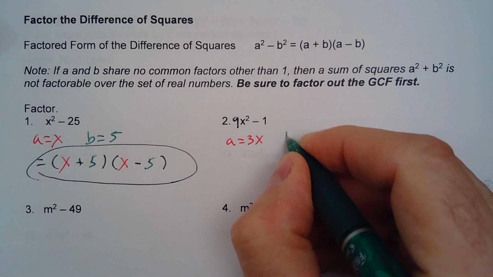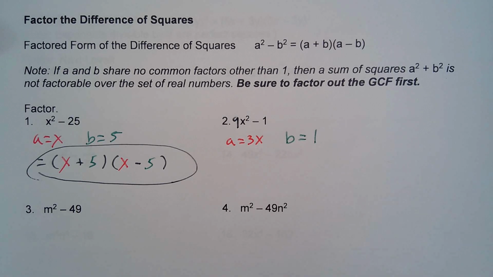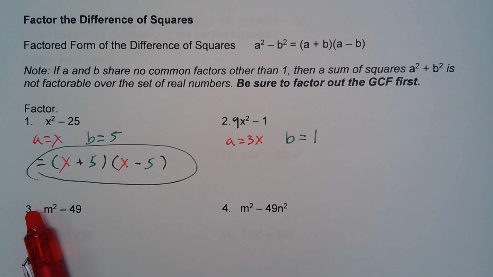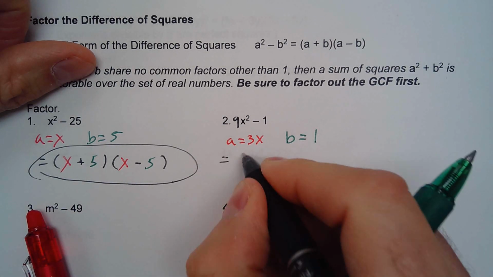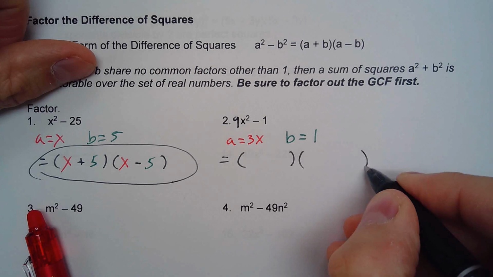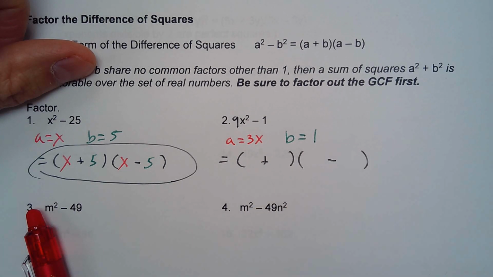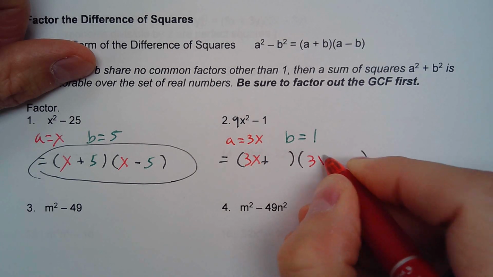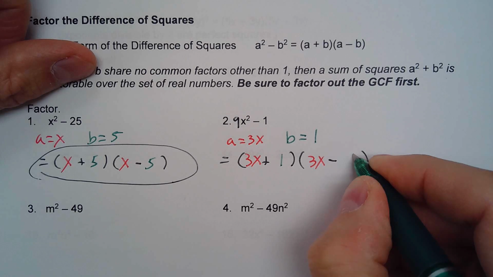Square root of 1 is 1. We do have subtraction in between. So now we're just going to go write it in. And my 3x's here. And my 1's here.